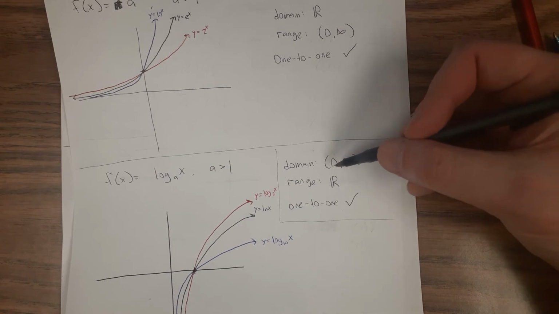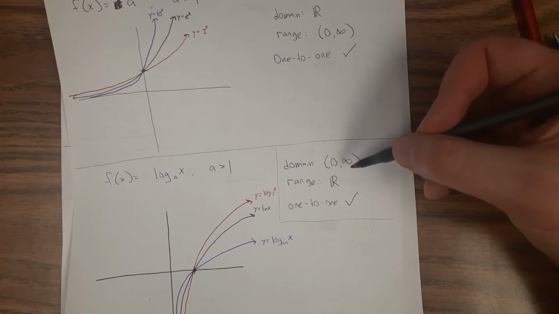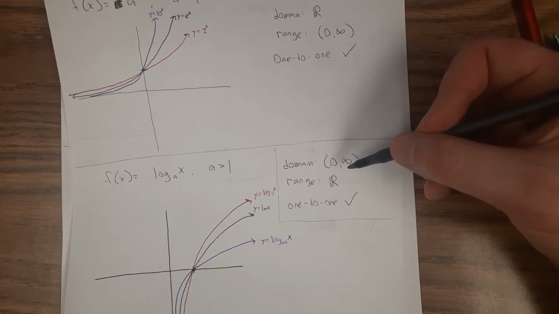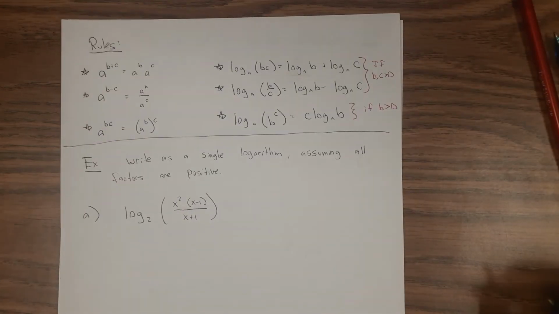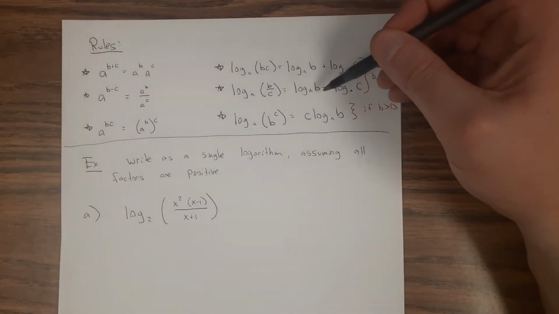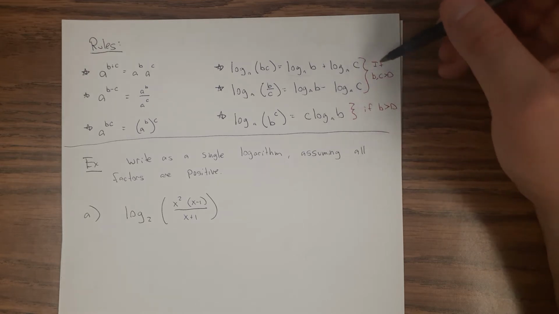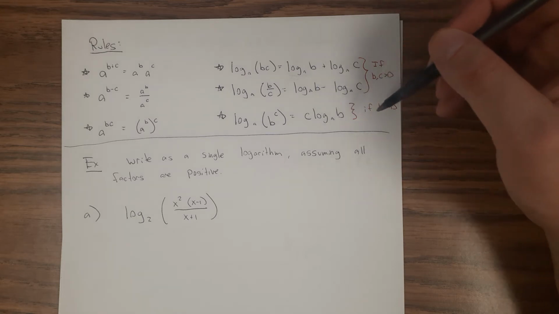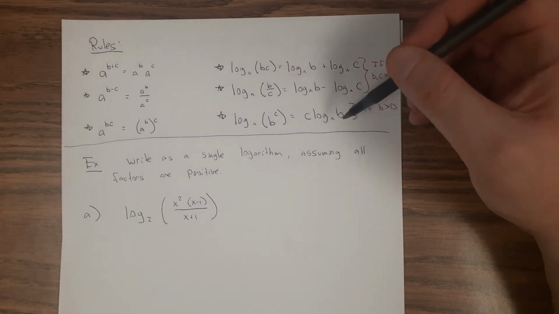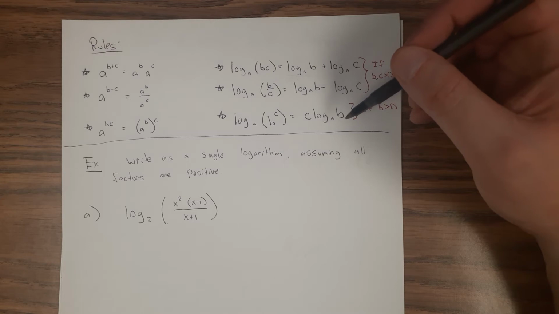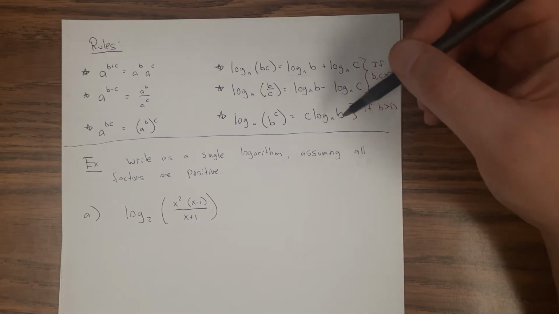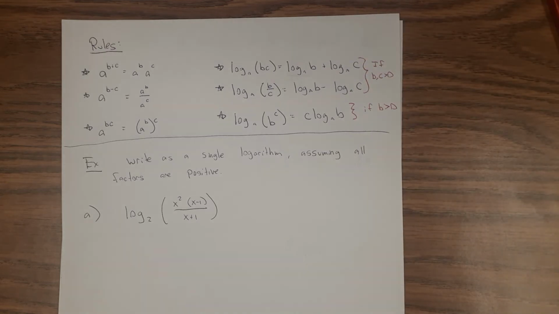The domain is only positive numbers for logarithms. You can only do the logarithm of a number if it's greater than 0. So when I write these rules, this wouldn't make sense unless b and c were greater than 0. And down here, just b has to be greater than 0 because I'm not really doing the logarithm of c. But really, all of these rules only make sense if you're doing strictly the logarithm of positive numbers all the time.